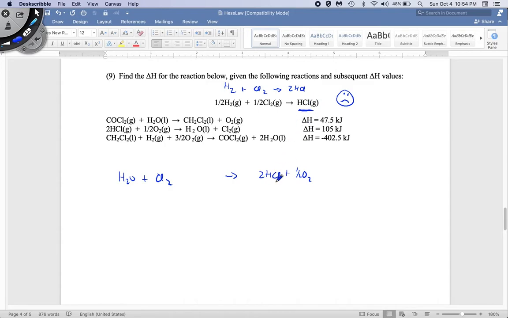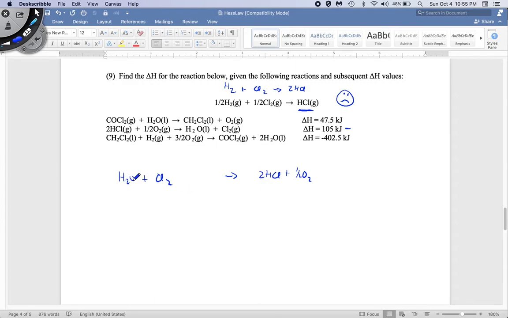It's a product. I'm also going to note to myself that I just flipped that thing, and so I'm going to make it negative. I have also an added bonus that I have some chlorine in the right space too, right? I've got Cl2 as a reactant, so double bonus there.